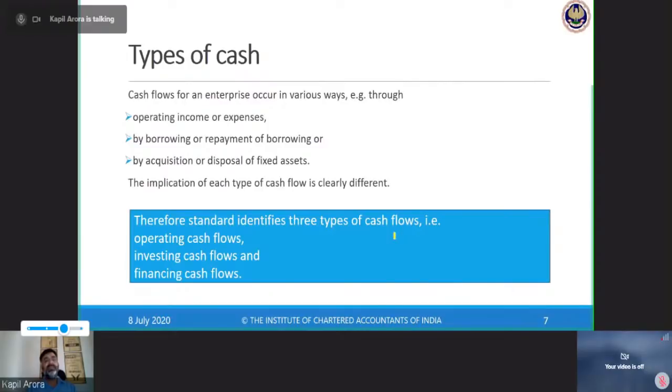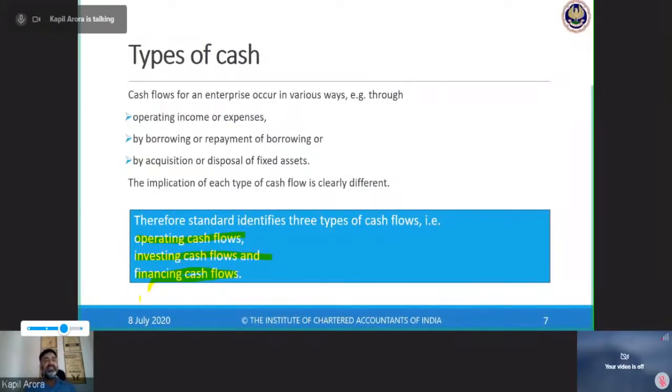Now, types of cash flows. I have already discussed that there are three categories of cash flows: operating, investing, and financing. What is the meaning of that?